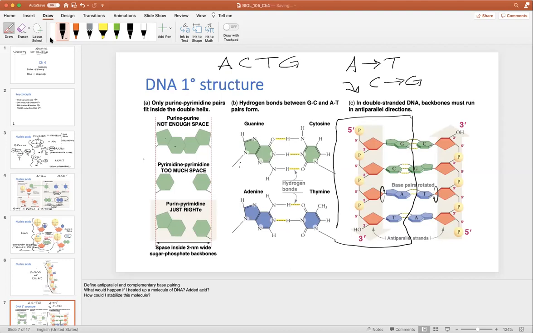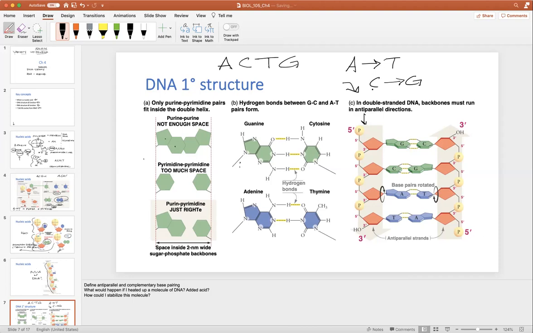Now I want you guys to look really closely at this diagram. A couple things I want to point out. For DNA, you always have two strands, okay? That is not going to be true in RNA. So we've got one sugar phosphate backbone here and another sugar phosphate backbone here. And then we have the bases lined up with a purine and a pyrimidine each, and they have associated using base pair rules.